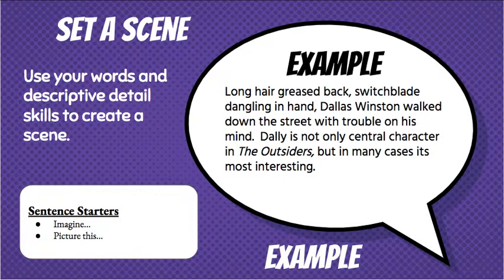Again, going back to when we talked about facts, how different things relate better to different ones. This set a scene one is one that we see oftentimes in narrative writing or story writing, right? Think about novels, short stories, those types of things. If you have a really vivid, important scene, one good way to do it is to describe in detail.